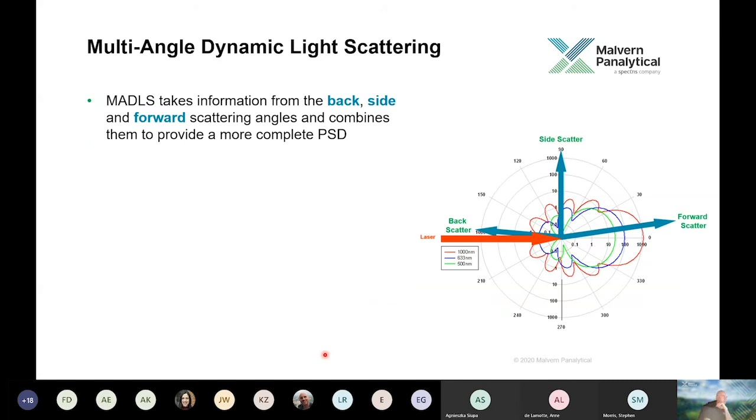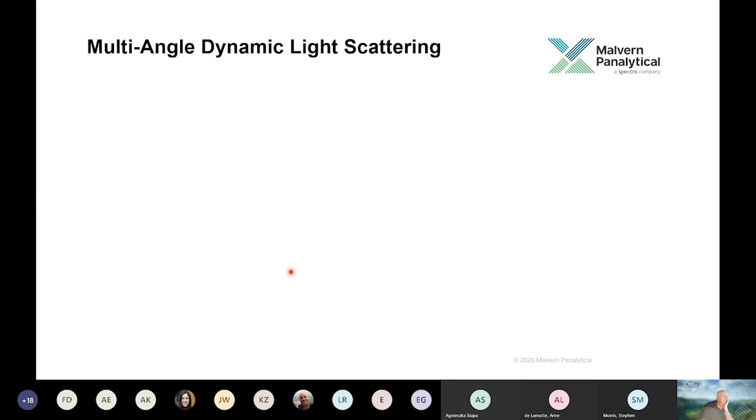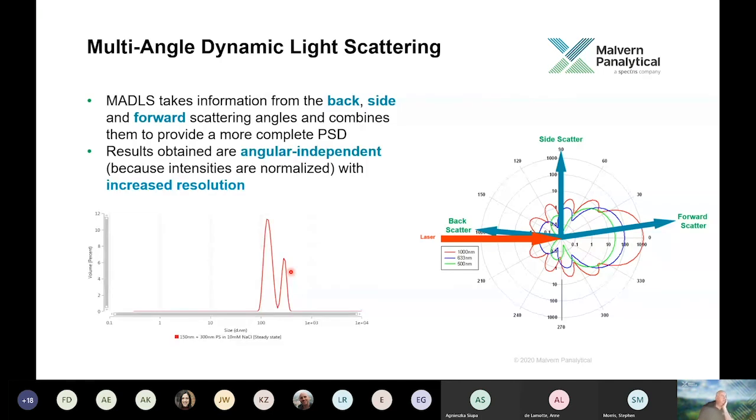So if I just go back one slide, you can see here that at each angle, we're only getting a single peak. We don't see the bimodal. But if we combine the information from the different angles, we can now resolve those two peaks that are present in there. So that's a huge benefit. And what we've seen from the data that we've taken in MADLS measurements is that the resolution that we can achieve now in DLS is 2-to-1 size difference.